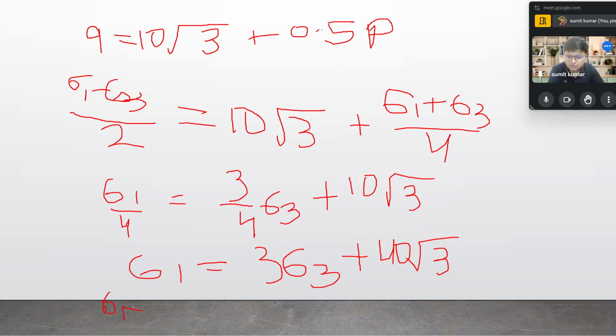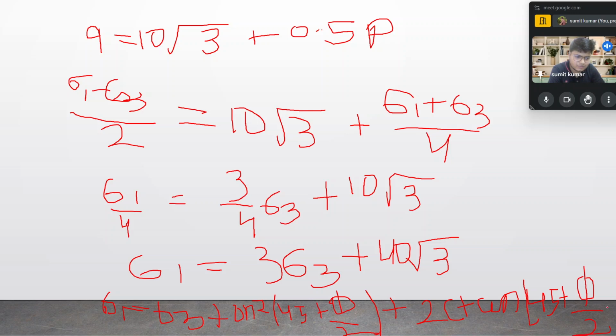And when we write our equation over here, that is sigma 1 equal to sigma 3 tan square (45 plus phi by 2) plus 2c tan (45 plus phi by 2), right?